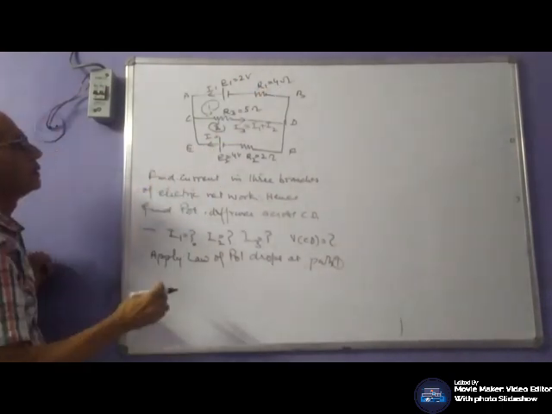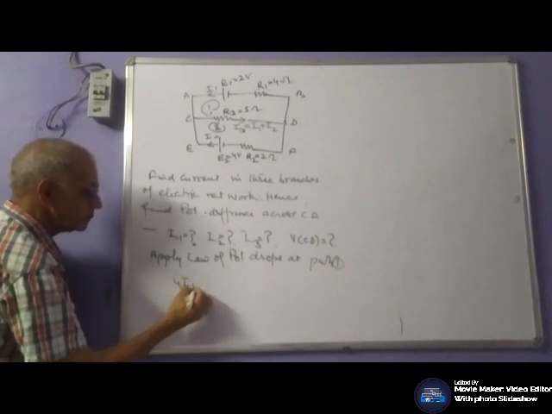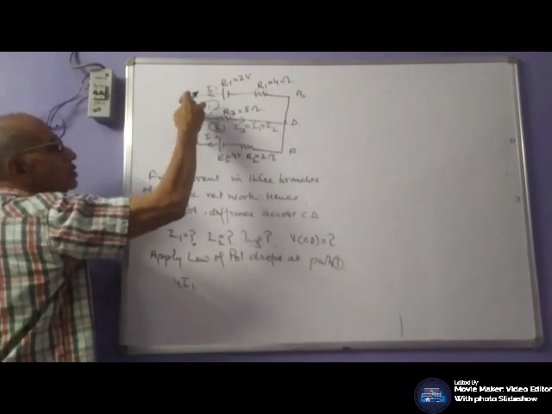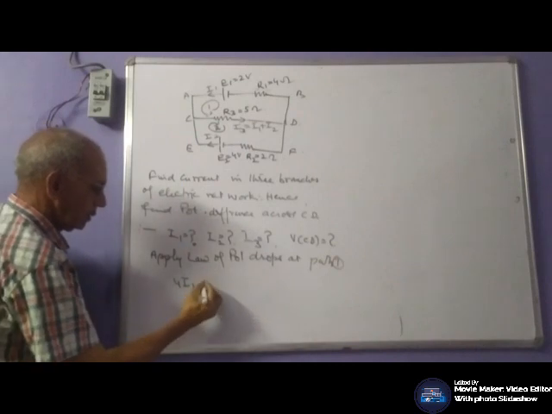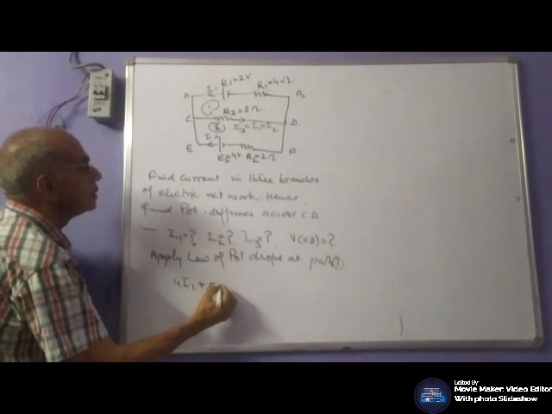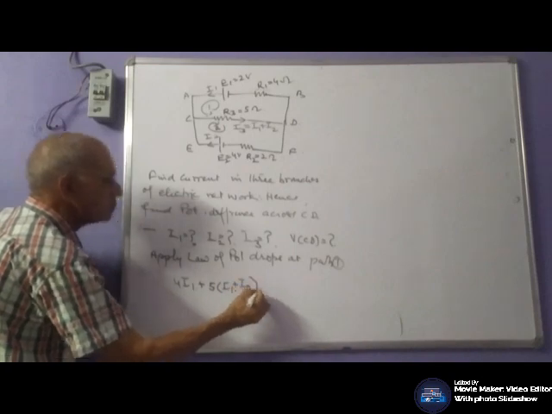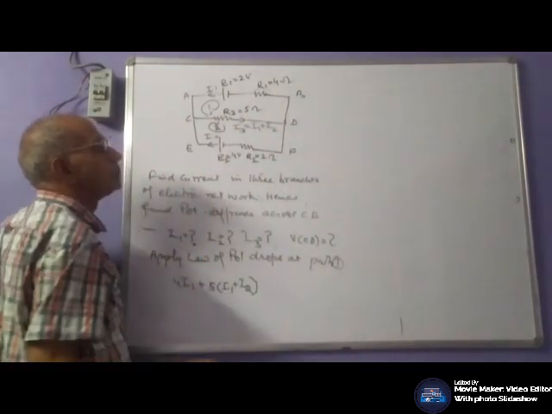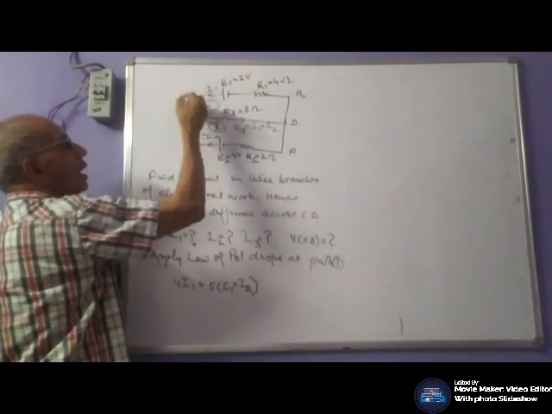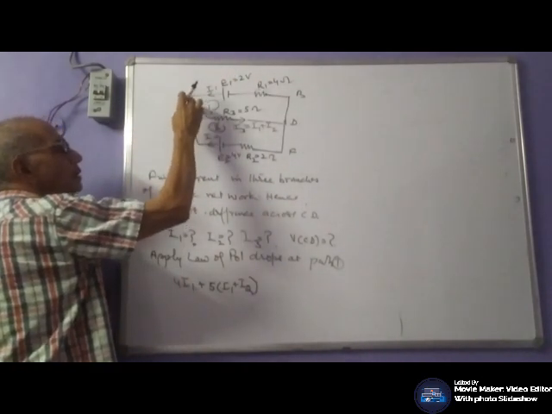B to A, Ri, 4I1, B to A Ri, there is no R here. C to D, R3 I3, D to B, no R, so 0. Again, Ri, R is 0.